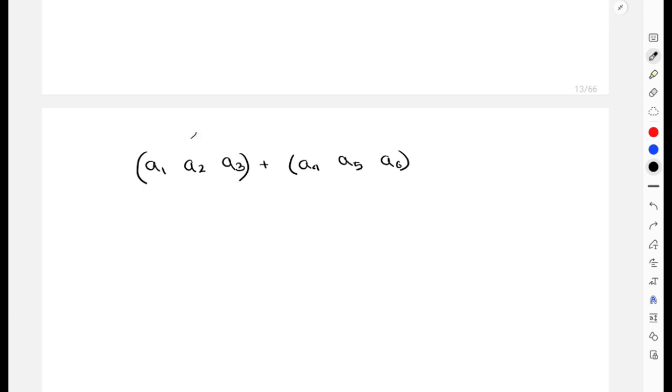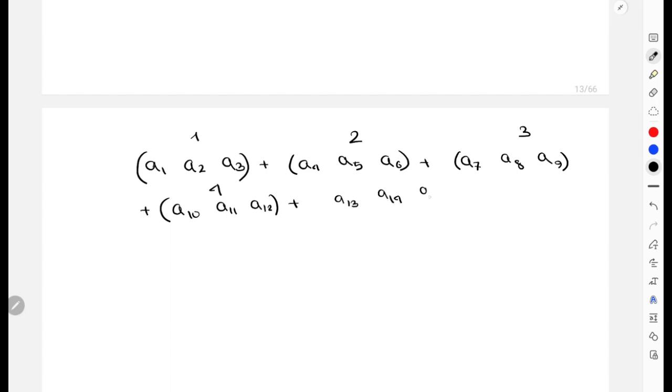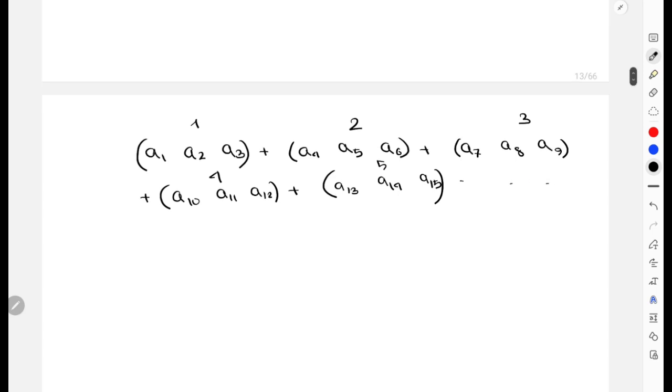So this is the first box, this is your second box, and then again for A7, A8, A9, this is your third box, and then again A10, A11, A12, this is your fourth box, and for A13, A14, A15, this is your fifth box, right? This will continue until you have 16 of these complete boxes.